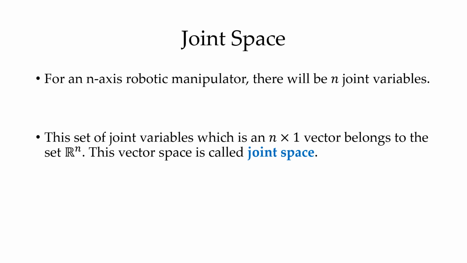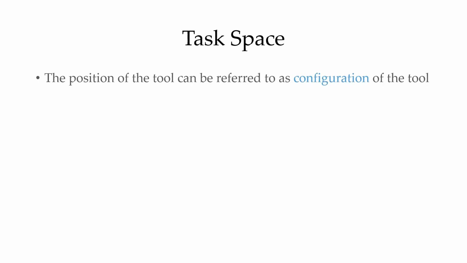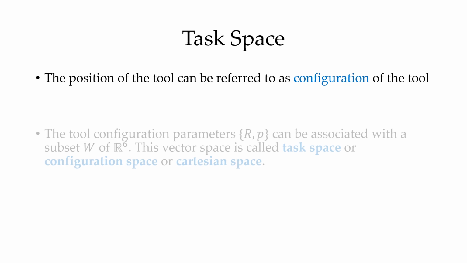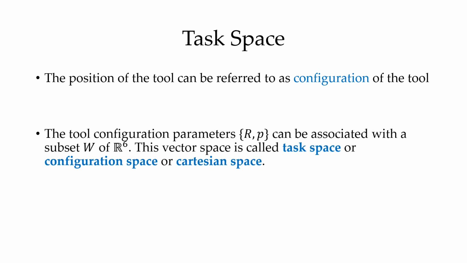Similarly, there is also something we call task space. The position of the tool can be referred to as the configuration of the tool, and the tool configuration parameters, which are R and P, can be associated with a subset W of R6, and this vector space is called task space or configuration space or Cartesian space. We found the rotation matrix and the position coordinates. The position coordinates contain 3 components, whereas the rotation matrix is a 3 by 3 matrix and contains 9 components.